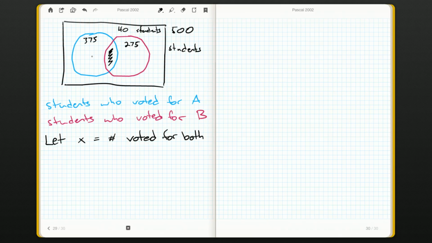And we have a total of 375 students in the blue circle. So if we want to put X students in here, we'll have 375 minus X students outside. Let's give these actually some colors so we can better illustrate this.